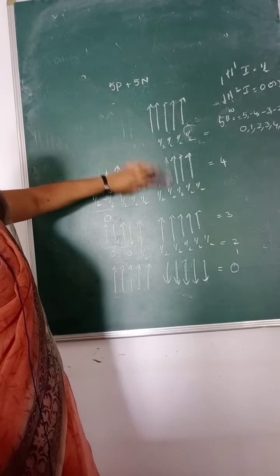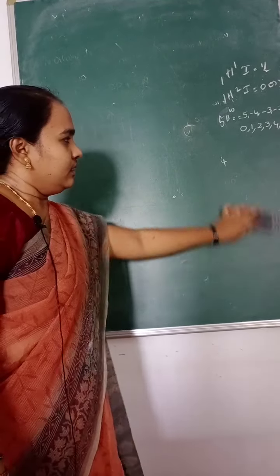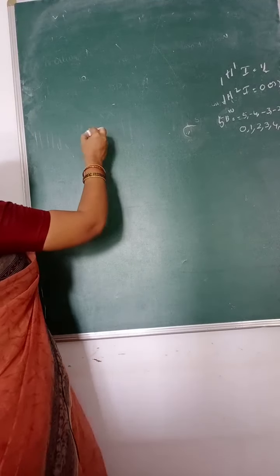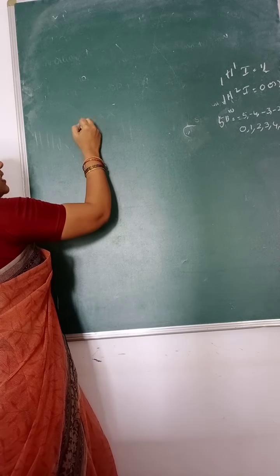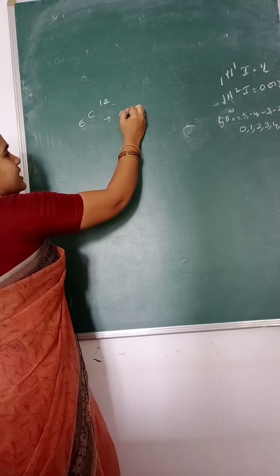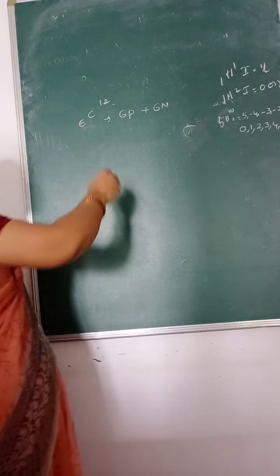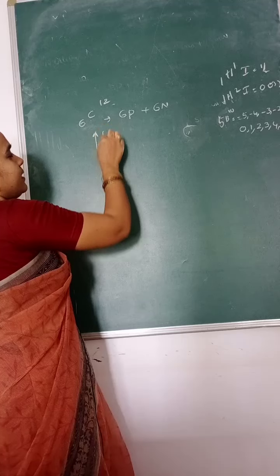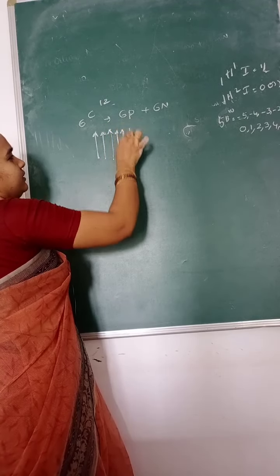Next, consider the carbon atom, 6C12. So the nucleus consists of 6 protons and 6 neutrons. So all these 6 protons may orient in the upward direction.